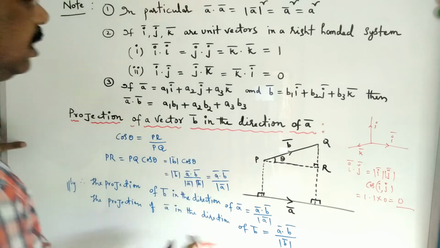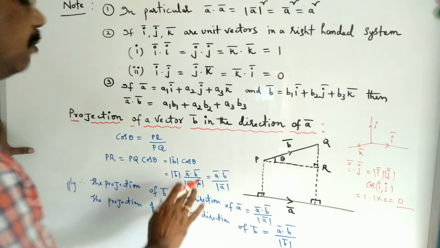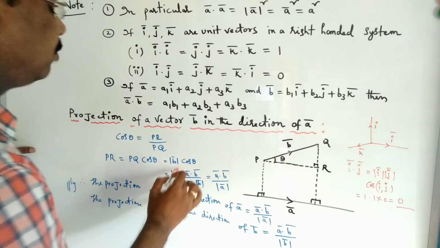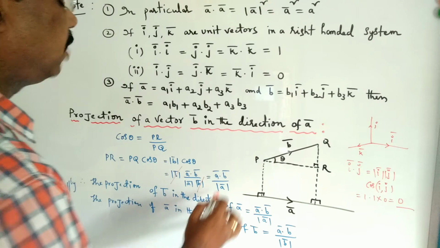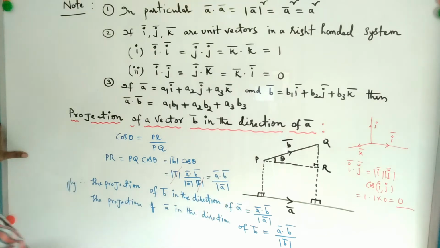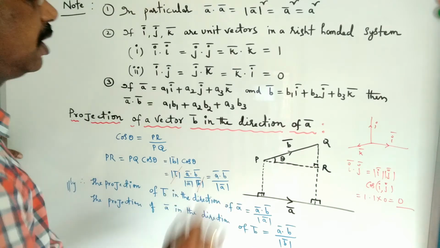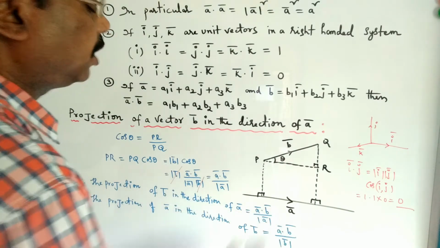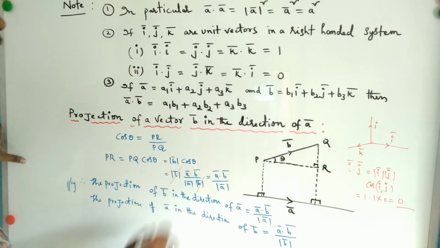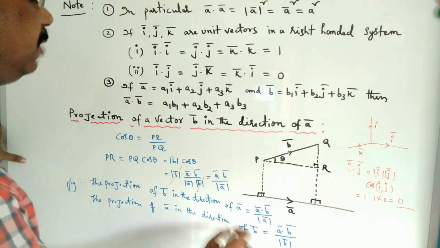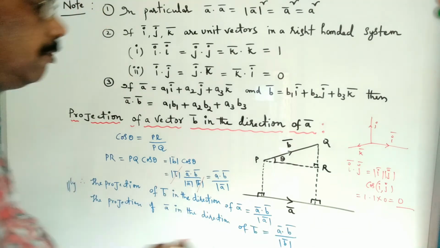We know that cos theta is equal to A bar dot B bar by mod A bar mod B bar. Now mod B bar cancels, giving A bar dot B bar by mod A bar. Therefore, the projection of B bar in the direction of A bar is equal to A bar dot B bar by mod A bar. Similarly, the projection of A bar in the direction of B bar is equal to A bar dot B bar by mod B bar.